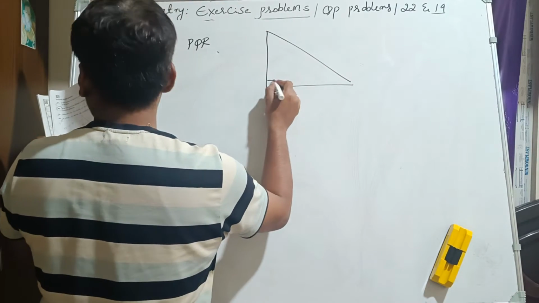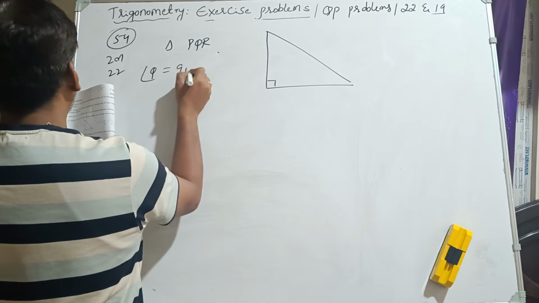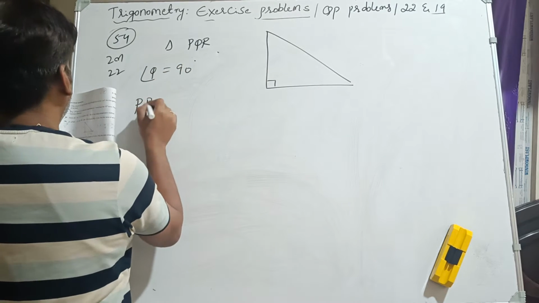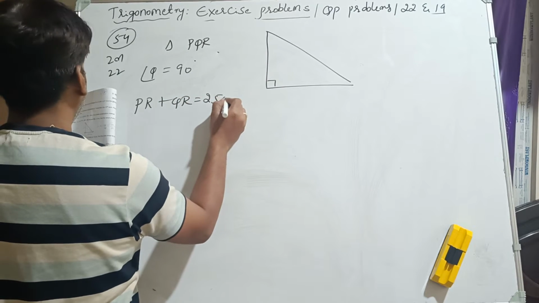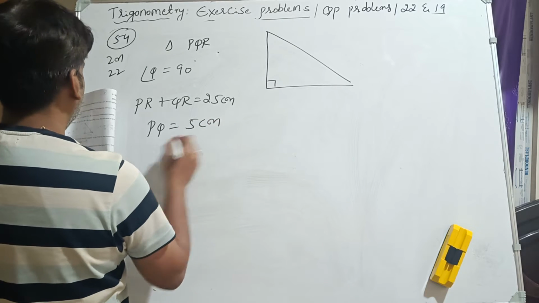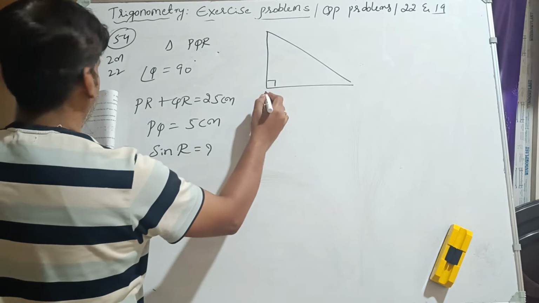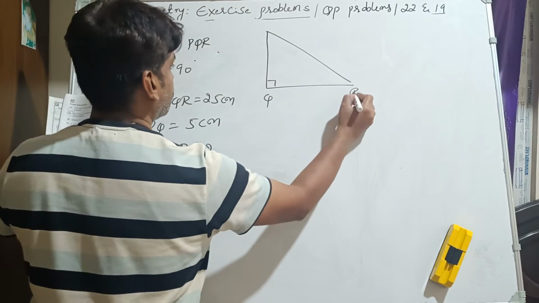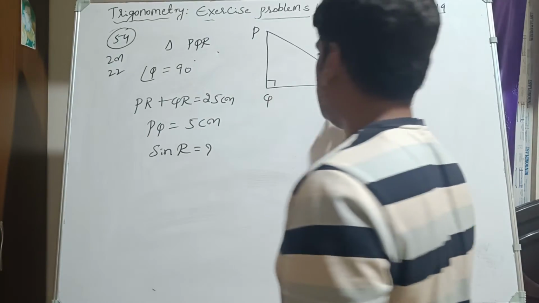Here the angle Q is given, that is 90 degree, and PR plus QR is 25 centimeter is given. PQ is also given, which is 5 centimeter. They are asking you to find out the value of sine R. So this is Q, this is R, and this is P. This is the question, right?